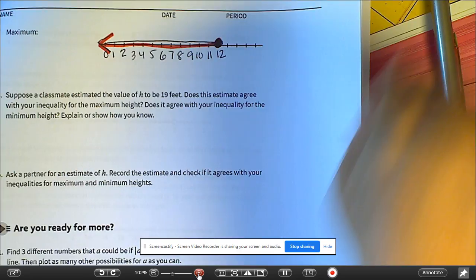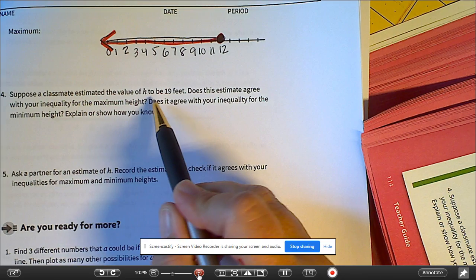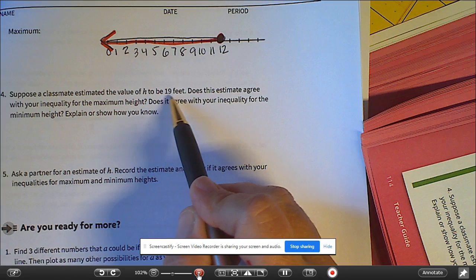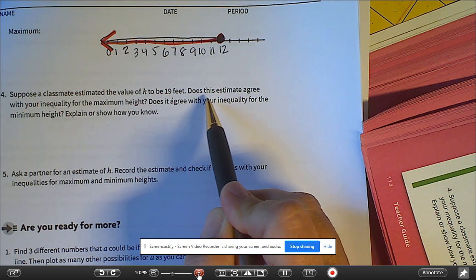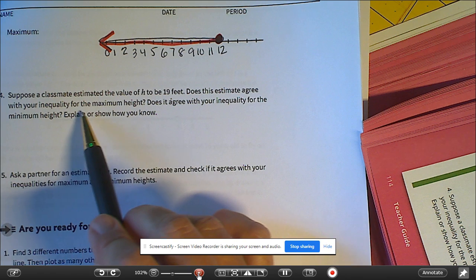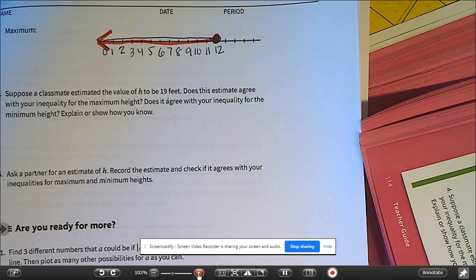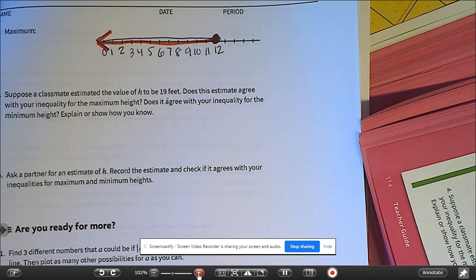All right, number 4. Suppose a classmate estimated the value of h, or the height, to be 19 feet. Does this estimate agree with your inequality for the maximum height? Does it agree with your inequality for the minimum height? Explain or show how you know. So 19 feet, we said 12 feet, so 19 feet does not agree with our estimate.